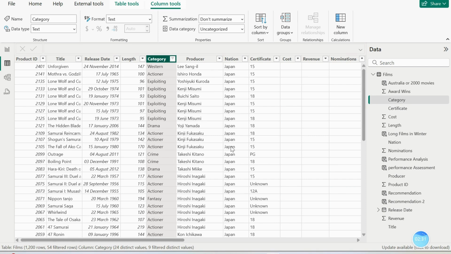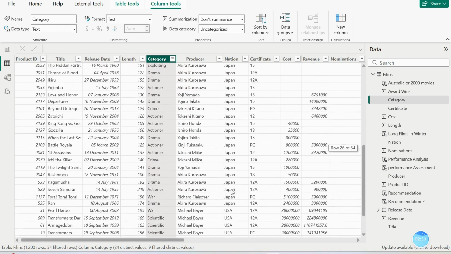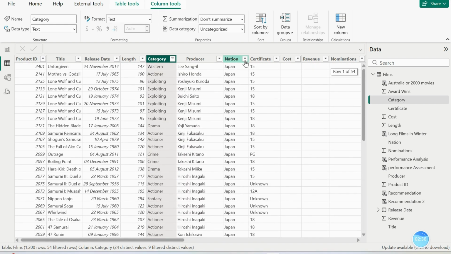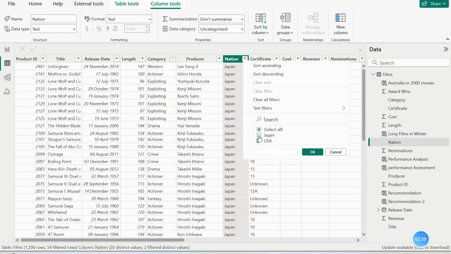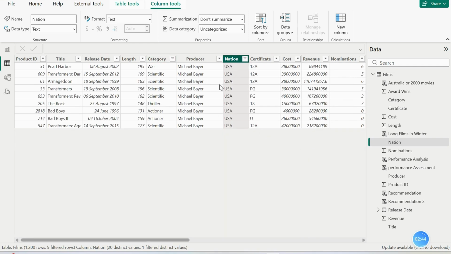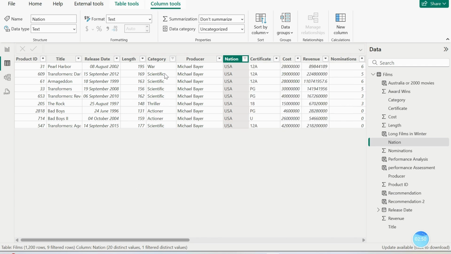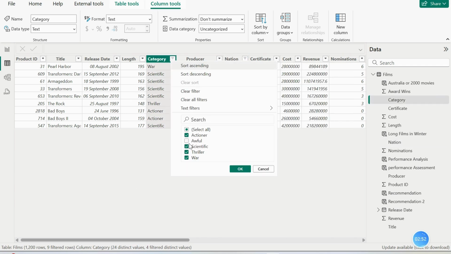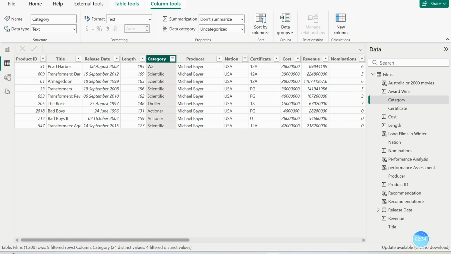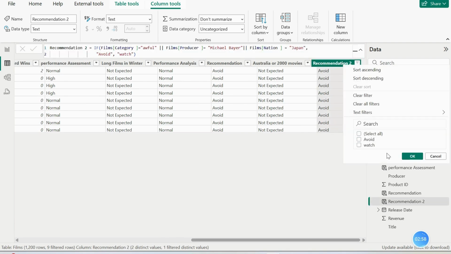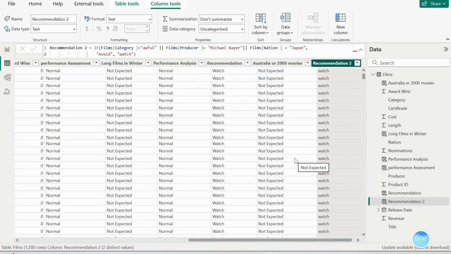Because there's a lot of movies from Japan, but some from USA. Why from the USA we still watch it? That should be produced by Michael Bay. That's no problem. If Michael Bay or Japan, or the movie is from the awful category, we just avoid to watch that. Okay, that's all for this session.